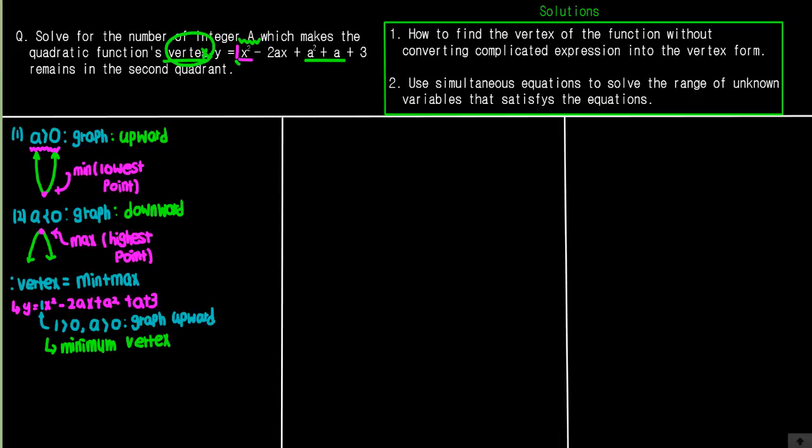If you look at our function, x squared minus 2ax plus a squared plus a plus 3, usually when you try to find the vertex, this form is the standard form. We usually convert it into the vertex form in order to find the vertex easily, which is also equal to completing the square.